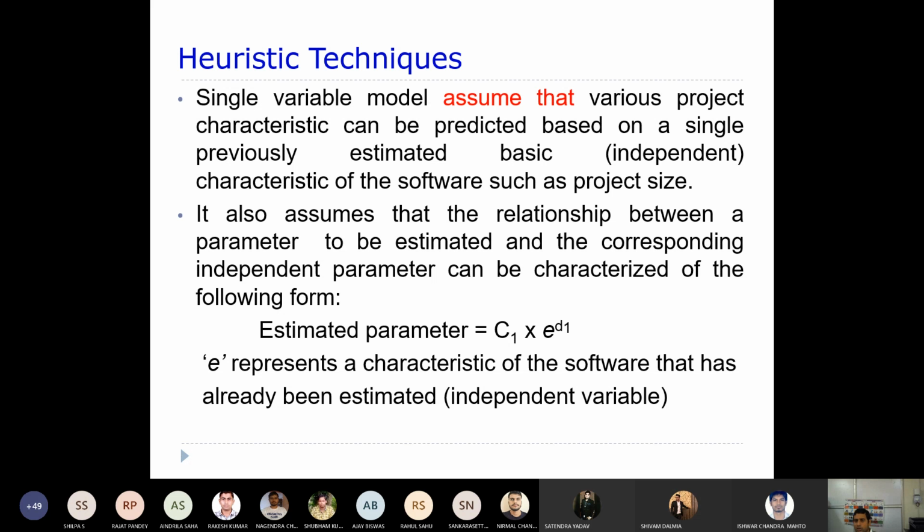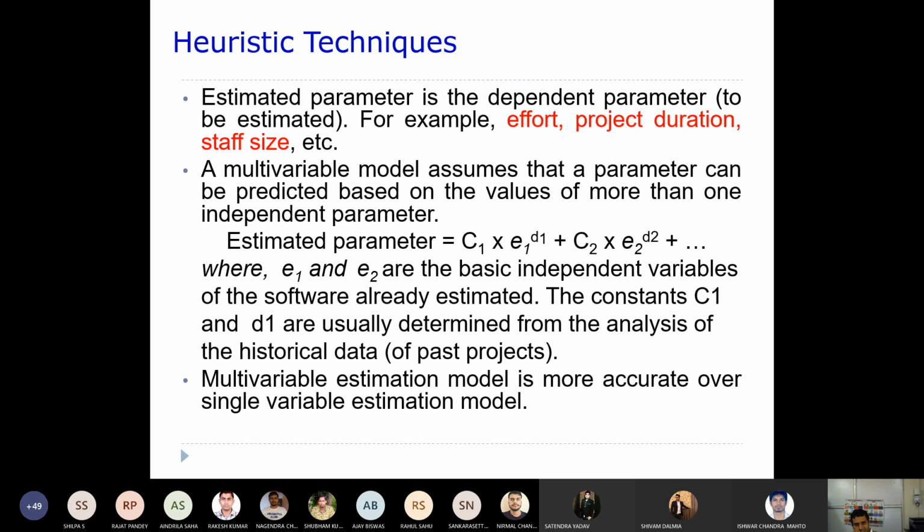Now there are multivariable models, where you have multiple independent parameters that are already estimated, and then you can estimate certain things. Here is the equation: estimated parameter is equal to C1 multiplied by E1 to the power of D1, and so on. Here E1 is one independent variable, similarly E2 is another independent variable, and C1, D1, C2, D2 are the constants.